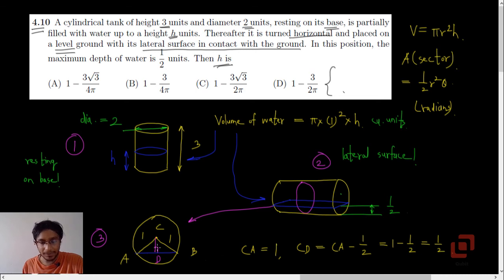Okay, so A and B, and I've dropped a perpendicular from C on the chord AB, and I've called the foot as D. Okay, now because the radius of the cylinder is 1, the lengths of CA and CB will be 1. Okay, and now comes the main part.